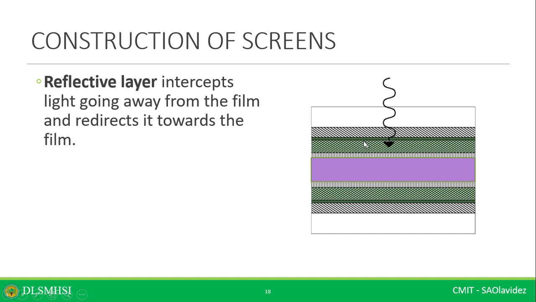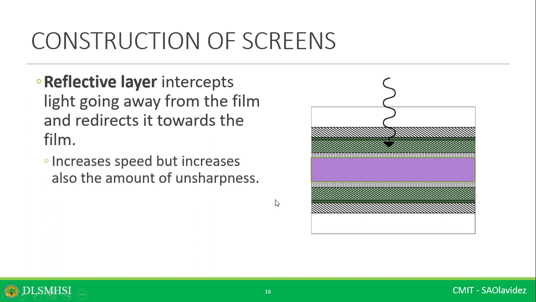The reflective layer here will intercept those light photons traveling away from the X-ray film and redirect them back towards the X-ray film. Therefore, the reflective layer effectively increases the number of light photons that will interact with the X-ray film, increasing the efficiency of the intensifying screen, but will also widen the area of exposure, which results in a greater degree of screen unsharpness.